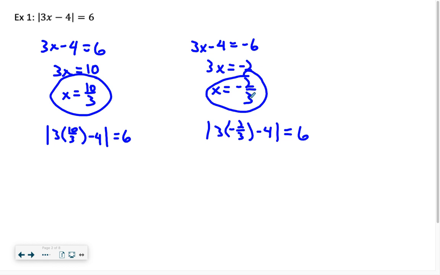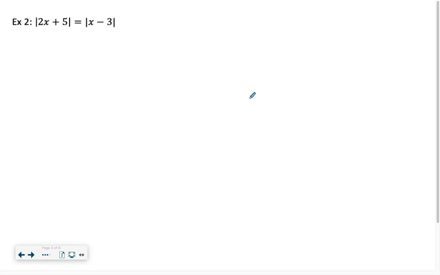All right. Let's try one where we've got absolute values on both sides of the equation. So here, again, setting up two equations, I'm just going to take the inside of the first one equal to the inside of the second one. And then my second equation will be the inside of the first one equals the opposite of the inside of the second one. All right.